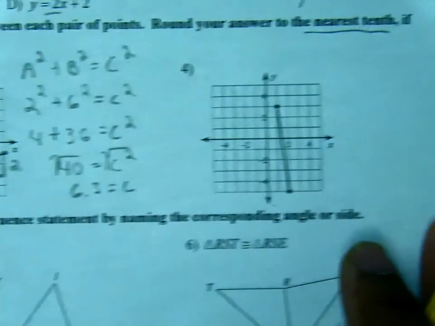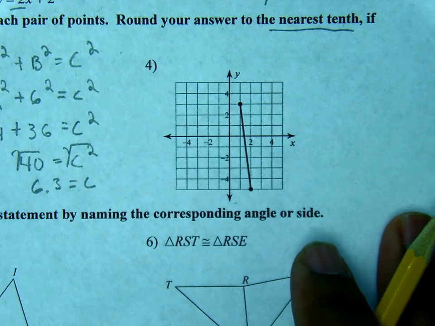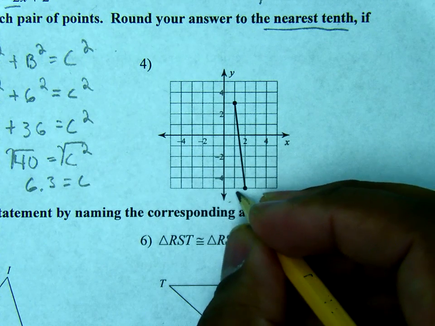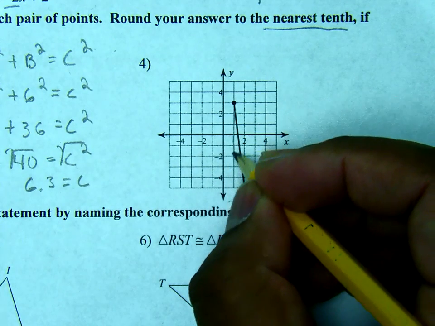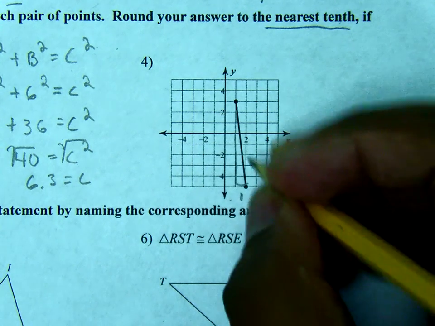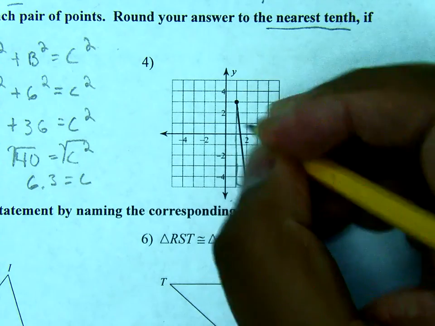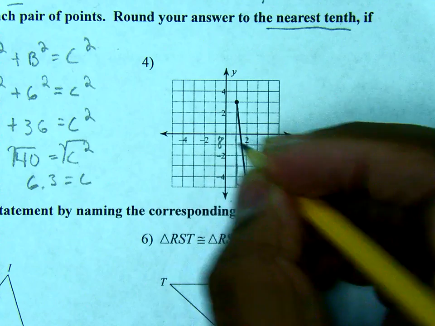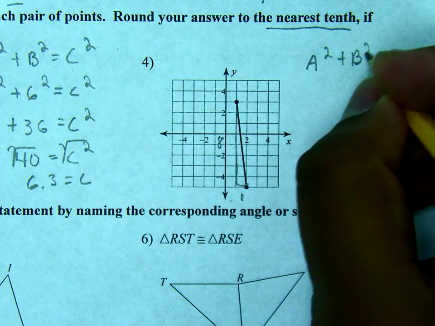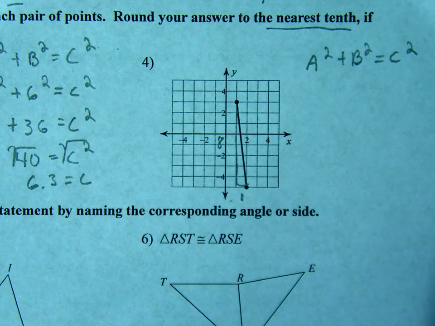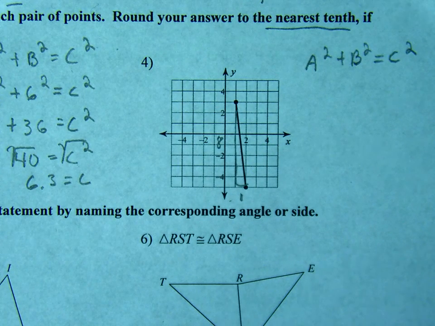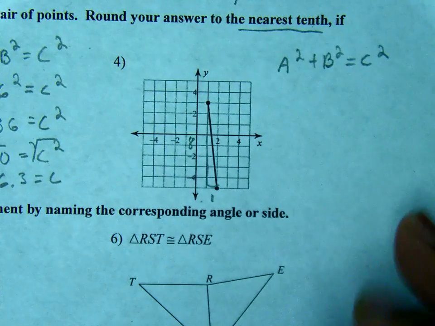Now I'm going to do another example. Do the exact same thing: make a right triangle, a skinny right triangle, but a right triangle. I have a 1 here, and this is 8 squares this way. So I'm going to use 1 and 8 in my a squared plus b squared equals c squared. Next I'm going to plug in these values.